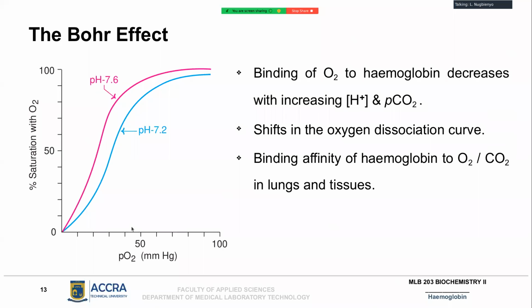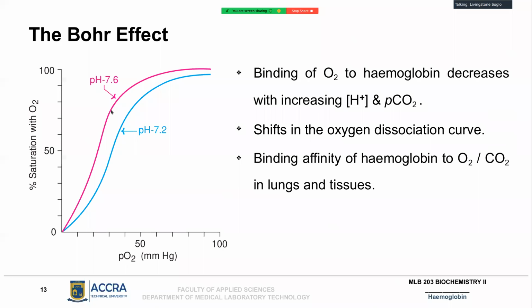So if you are taking the points one after the other, you realize that here in the lungs, when you reach about, say, even less than 25 millimeter mercury, let's say that is the concentration of oxygen in the lungs, by the time you reach this 25, then hemoglobin is getting saturated. All the hemoglobin monomers get bound to oxygen.